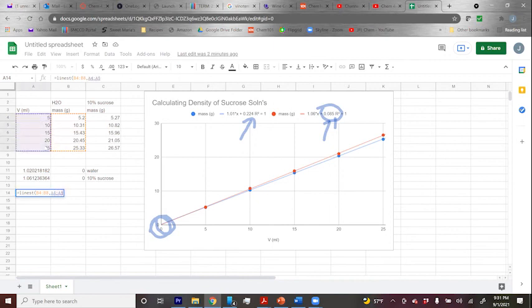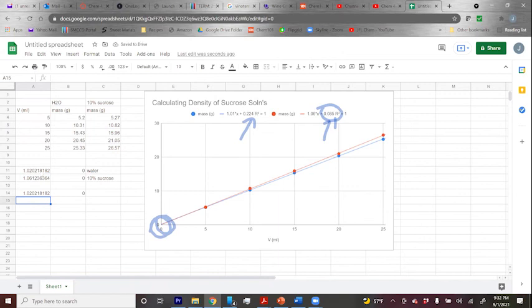And this will always be the same for the 10%, the 20%, for all of them. And then this is the key: comma, false. That says to the computer, I don't want the y-intercept where you think it is. Put it at 0. I think that y-intercept is false. I want 0 as the y-intercept. Then close the bracket and hit enter.